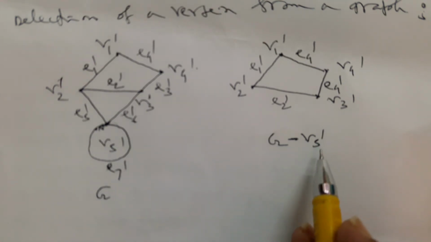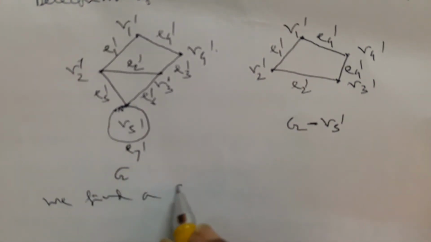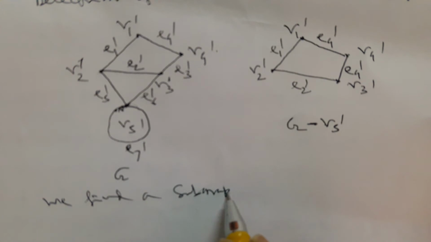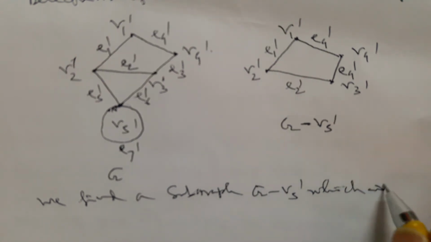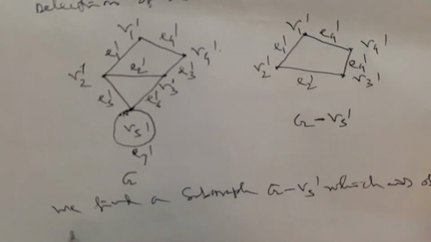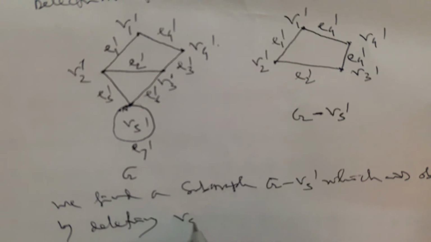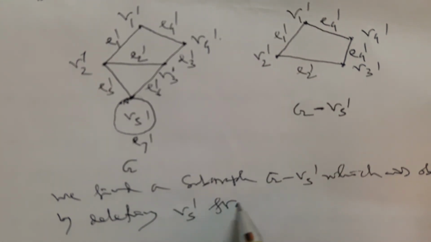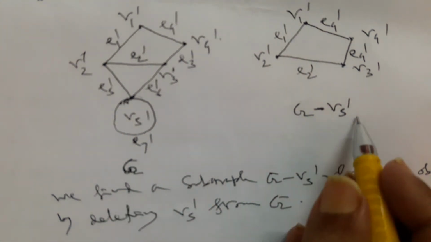G minus v dash is obtained. It is a subgraph. So we find the subgraph G minus v5 dash, which is obtained by deleting v5 dash from G. It is G and G minus v5 dash.